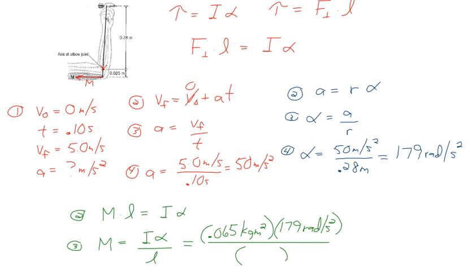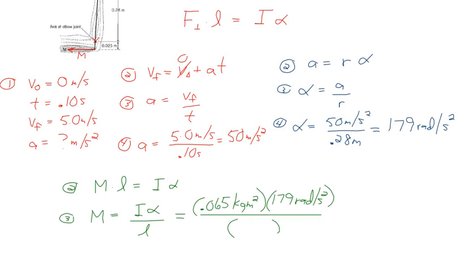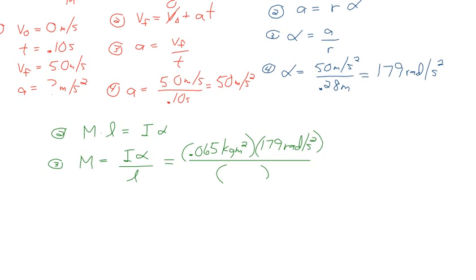So in this problem, this is the R, that's the L. This is the distance to the pivot point where the force is applied, and that's the R when I'm trying to convert a tangential acceleration into an angular acceleration. So whatever the top number is, multiplying that by 40, what do you get? 465?